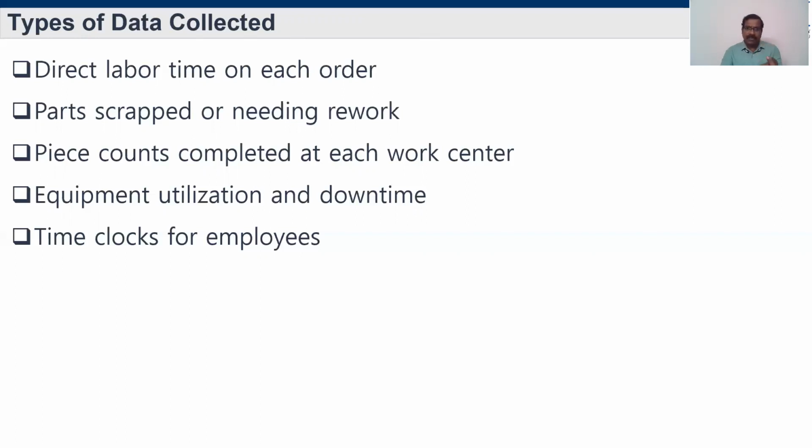If the tool is blunt, definitely the quality of the product won't be there. Also, if the machine is continuously running, heat will be generated, and due to heat generation, the characteristics of the parts being manufactured also get affected, right? So this count is very important. Sometimes this piecewise count may be useful for calculating labor performance.